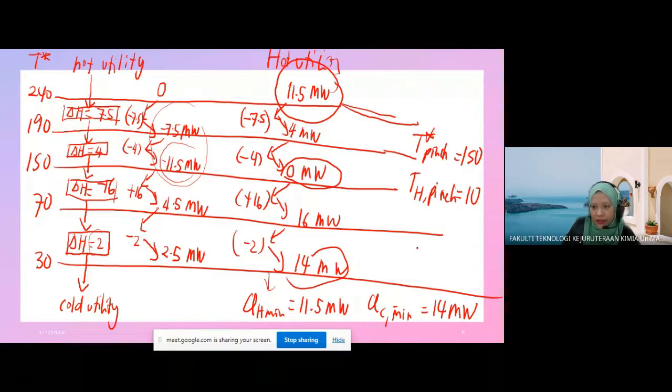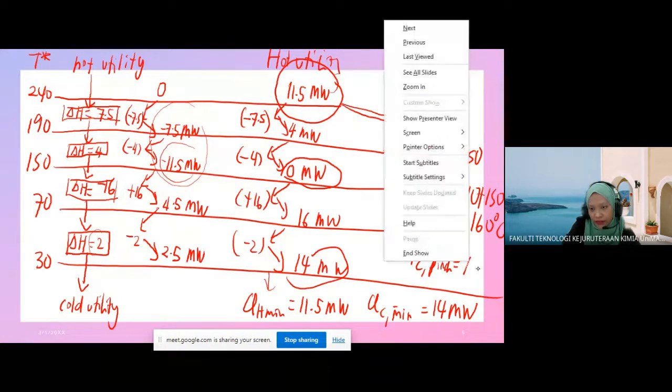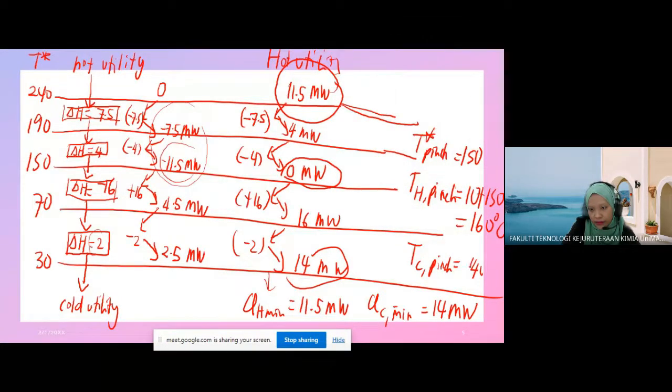So plus 10, you become 160. And the pinch temperature for the cold stream is 150 minus 10, which becomes 140. Now you have your QH min, QC min, and the pinch temperatures for the hot and cold streams.